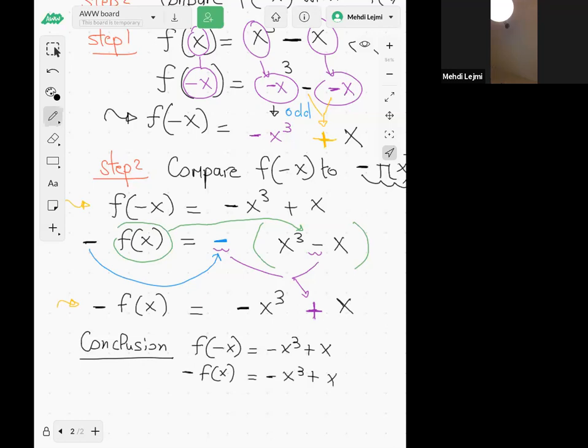So again, don't forget when you compute minus f of x to put the parentheses around f of x. So they are equal. F of minus x is equal to minus f of x. So then f of x is odd.